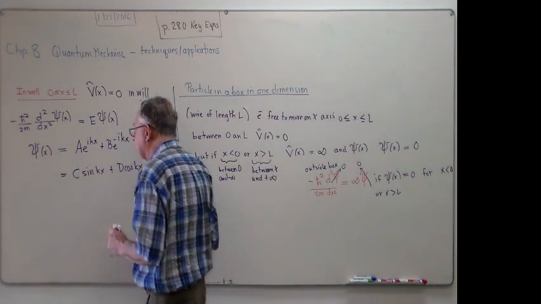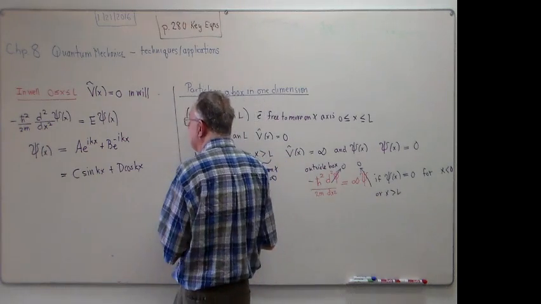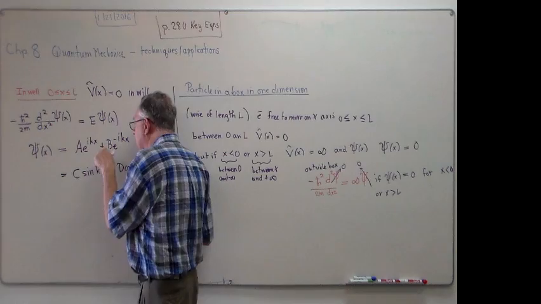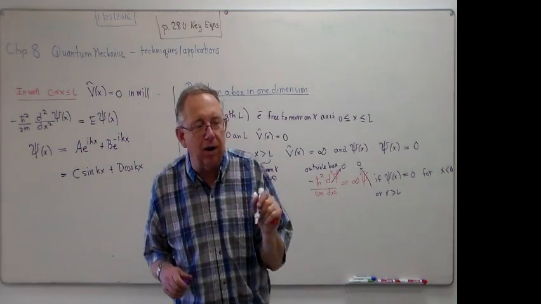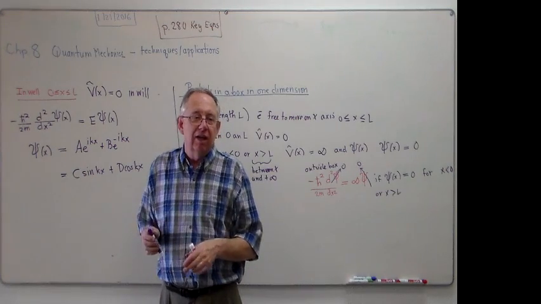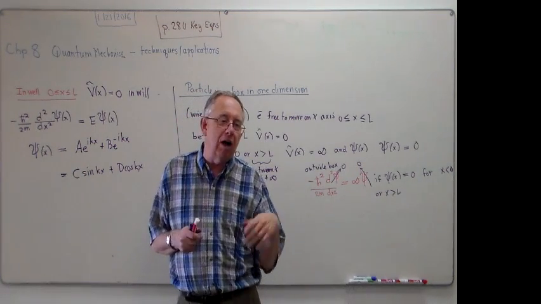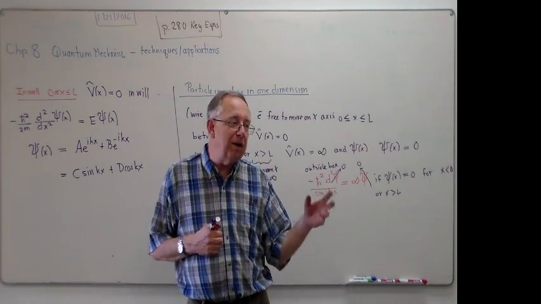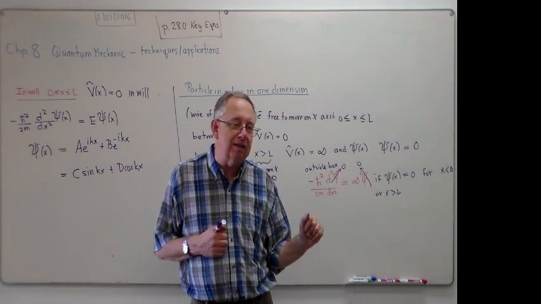The book does it this way. So we can either have the complex e to the power, or we can have sines and cosines. And as we mentioned, these have the unique property that the second derivative gives the wave function back again times some constants.